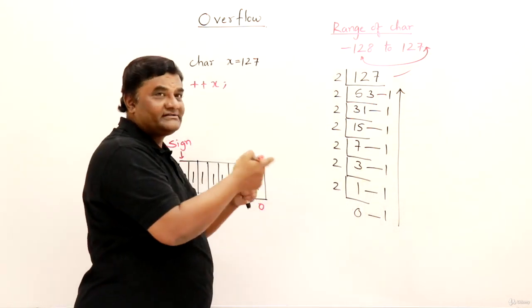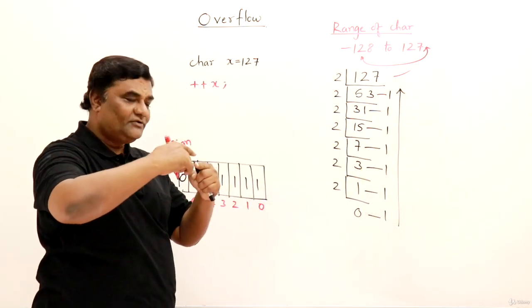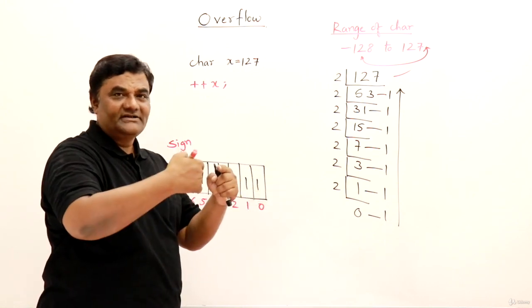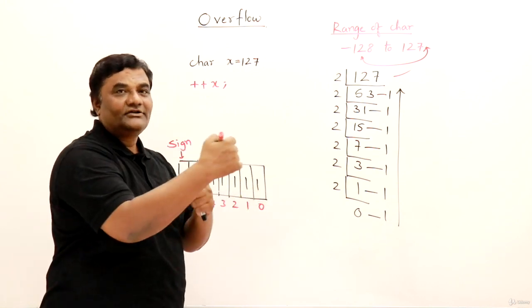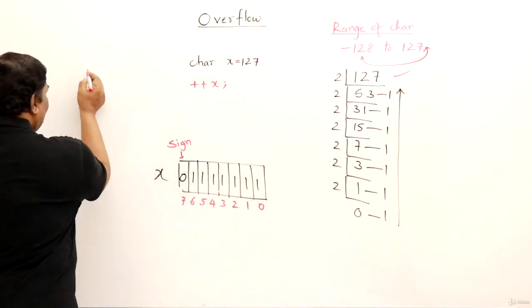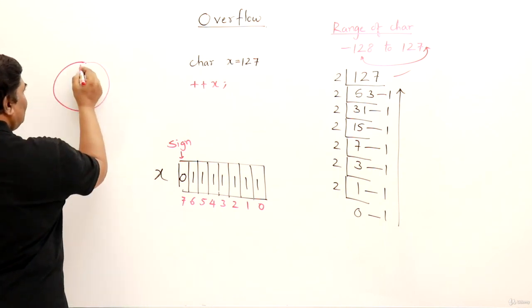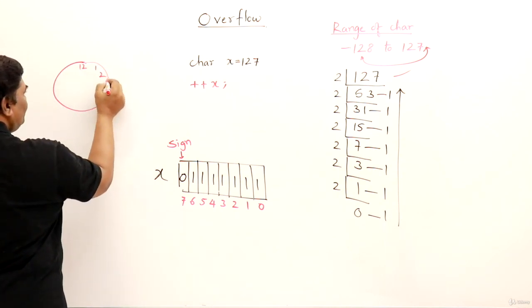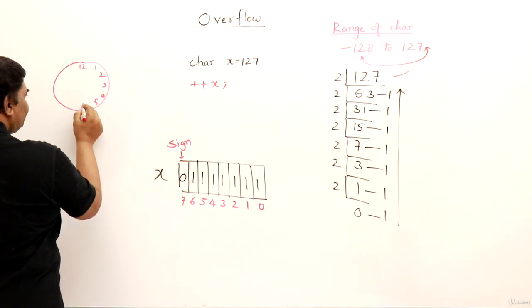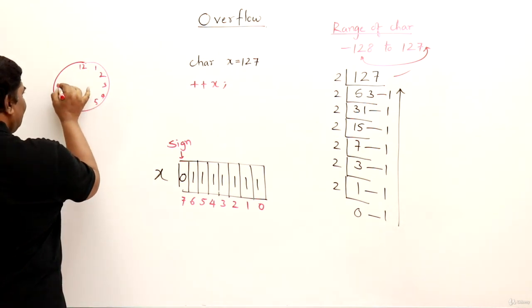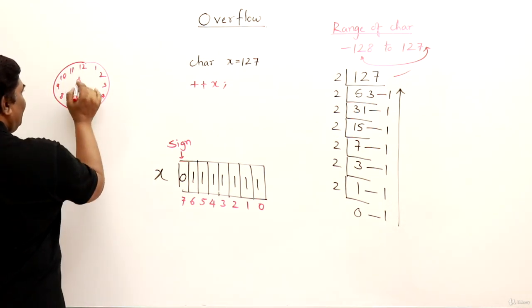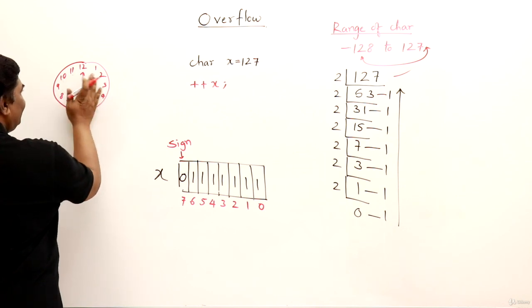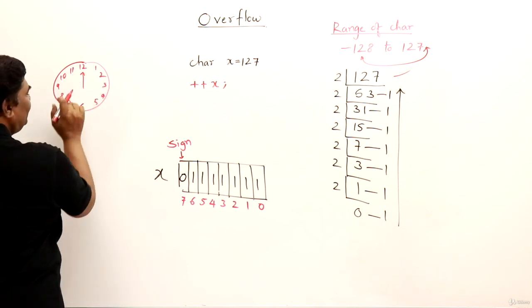So it's more like cyclic. If you go from 127 beyond that, it will be minus 128. And from this side, it will go to 127. Just like the hand of a clock. Like this is 12 o'clock, 1, 2, 3, 4, 5, 6, 7, 8, 9, 10, 11. Now if the hand is here and you move next, it will not go to 13, it will go to 1.